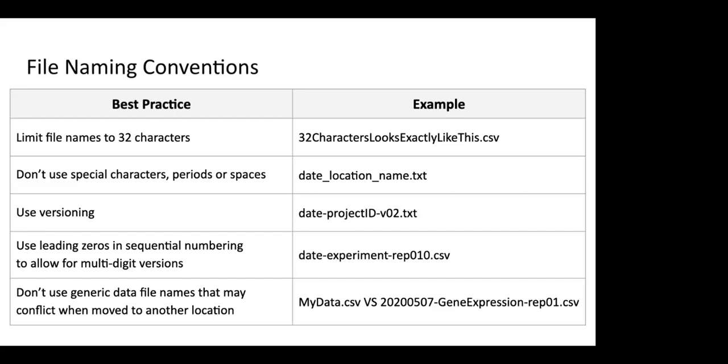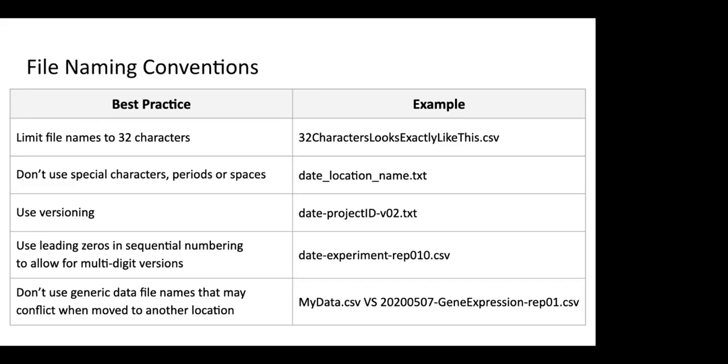You shouldn't use special characters, periods, or spaces. Instead, use dashes or underscores. You should use leading zeros in sequential numbering to allow for multi-digit versions or reps. And don't be generic. You should really think critically about your file names.